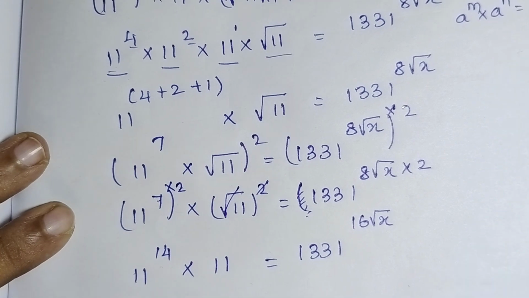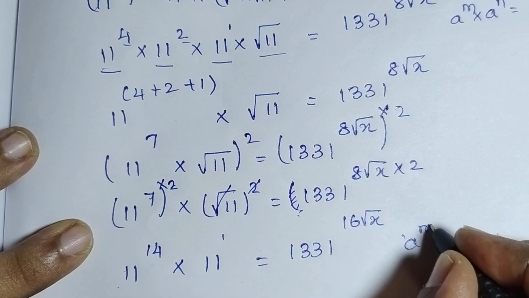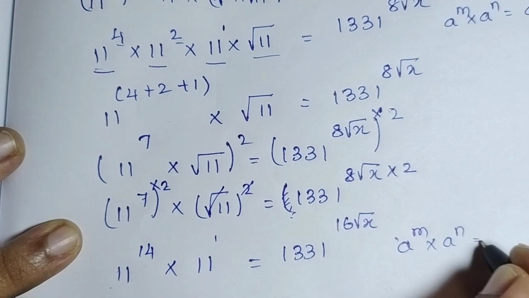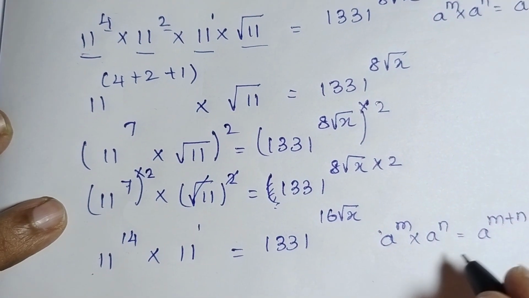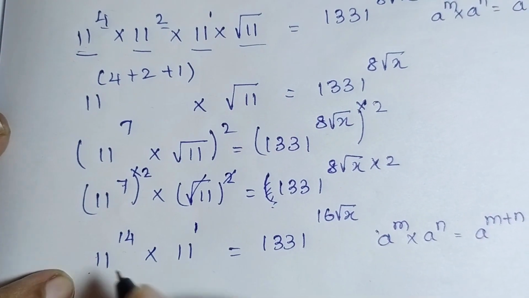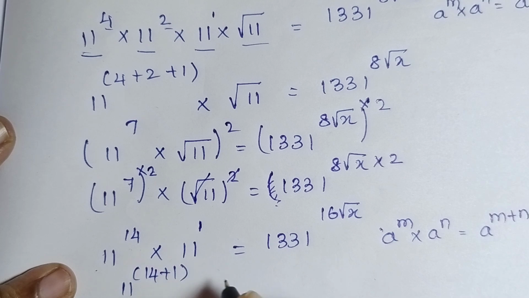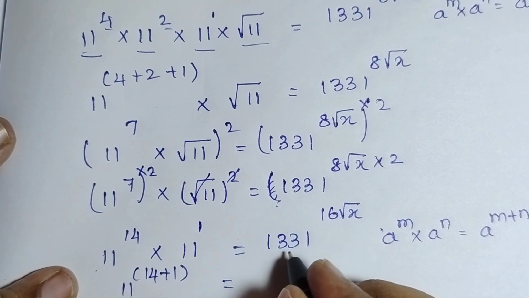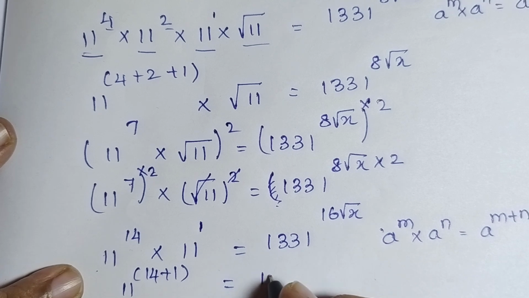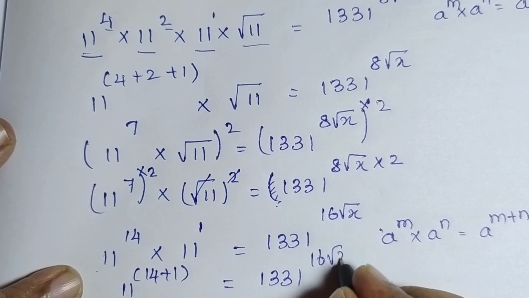Okay. Now this will be in the format of a power m into a power n, which is equal to what? A power m plus n. Already I told this formula. Just apply this formula here. Therefore this becomes 11 to the power of 14 plus 1, which is equal to 1331 to the power of 16 root x.